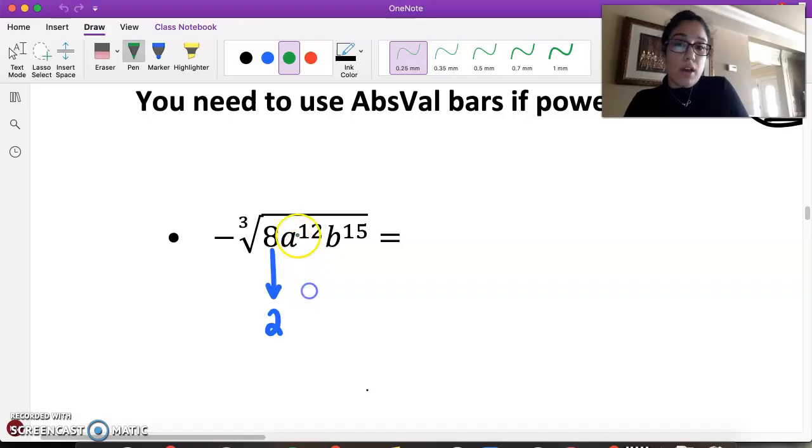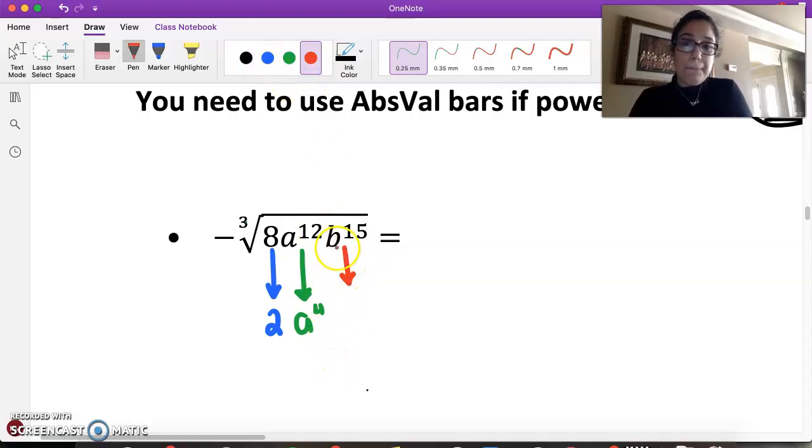The cube root of a to the 12th power: 12 divided by 3 is going to be a to the 4th, because a to the 4th cubed is a to the 12th. And let's see if I actually write the right letter. b to the 15th, cube root of that is b to the 5th, because b to the 5th cubed gives you b to the 15th. Do I have to put any absolute value bars?